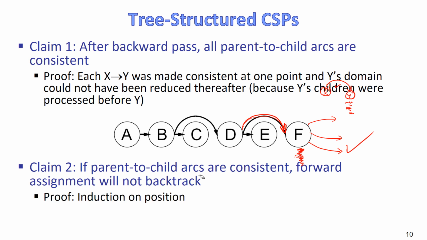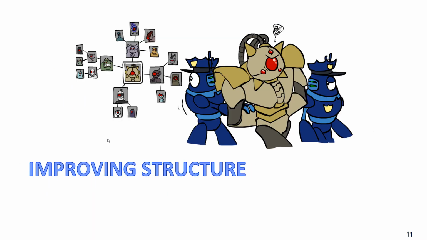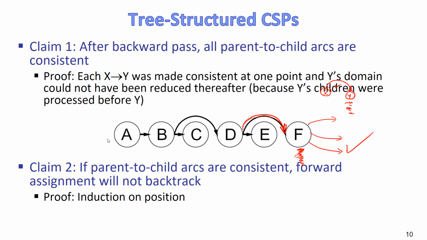You can do that with induction if you remember mathematical induction, but even simply by this logic, it's clear that since we guaranteed the consistency of all arcs, moving forward, assigning any value to a node, you will for sure find a value in the child that is consistent with it. And we saw that, of course, in the previous example. Okay? Any question about this?